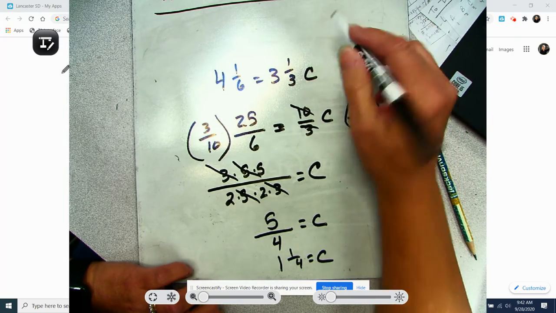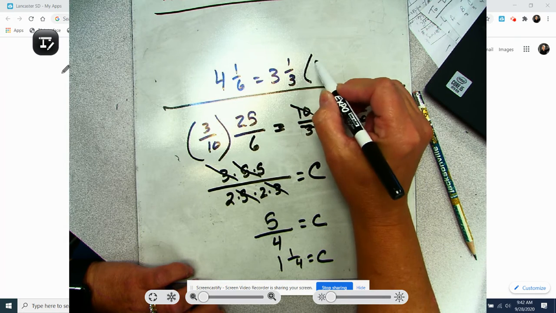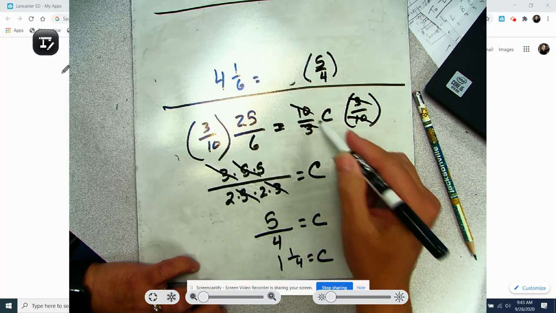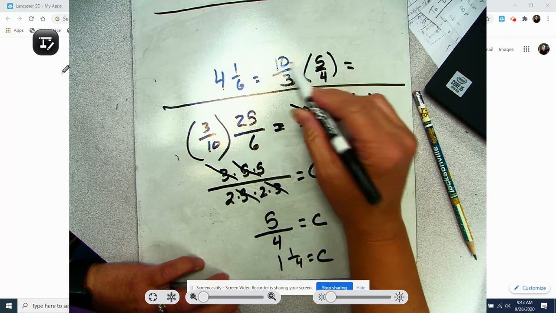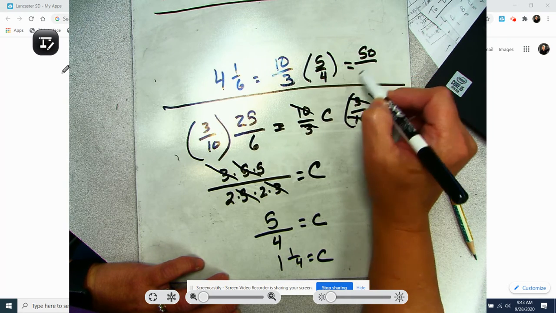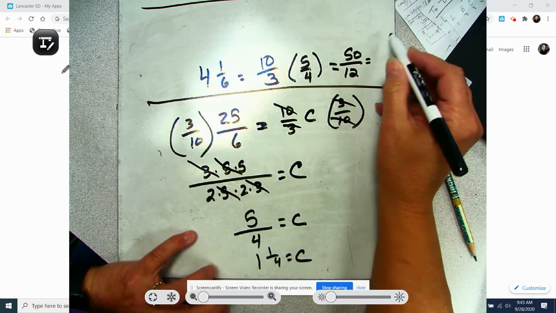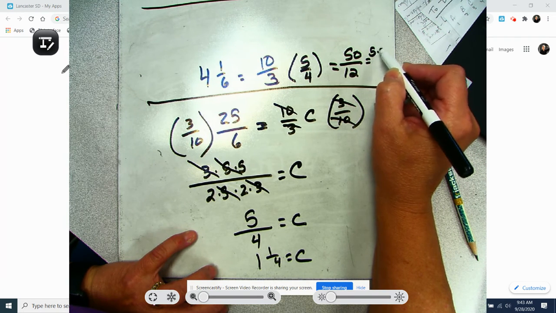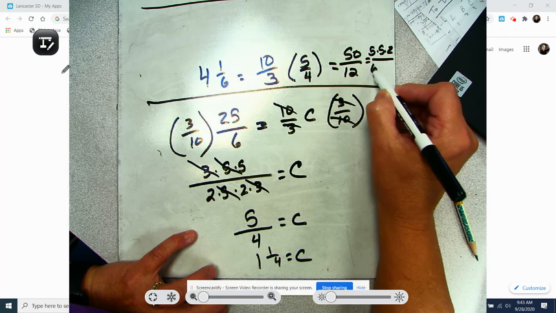So let's find out if that's going to work. If I come back up here to the original problem, and I put in here 5 over 4, and I'm going to multiply, change this to the 10 over 3. That's going to give me 50 over 12, and that means I'm going to have 5 times 2, and on bottom I'm going to have 6 times 2.